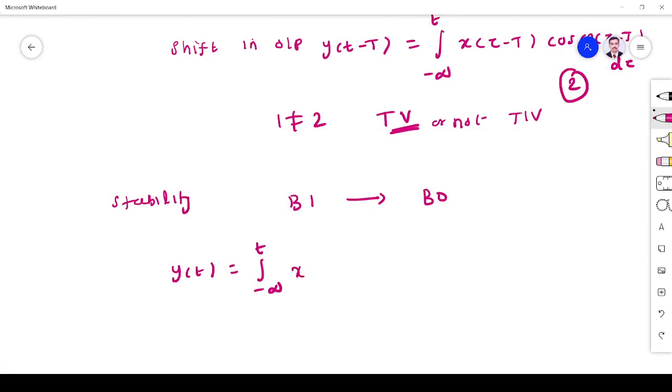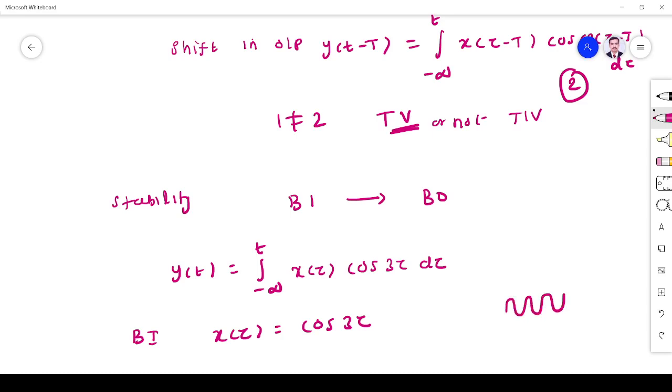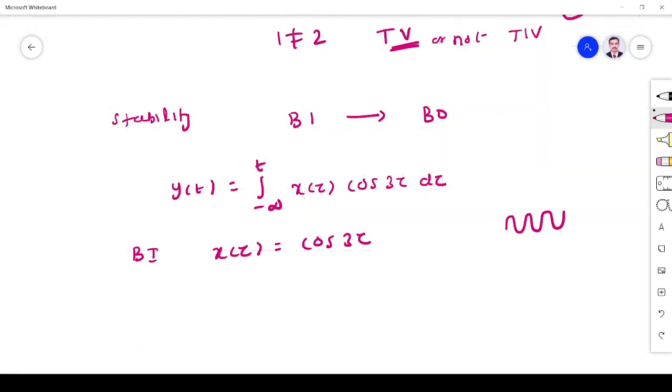So let me give one bounded input, for example x of tau equal to cos 3 tau. This is one bounded input. Bounded input means the input amplitude or value should be bounded. This is a cos wave, so it is bounded. Cos and sine are everything bounded.